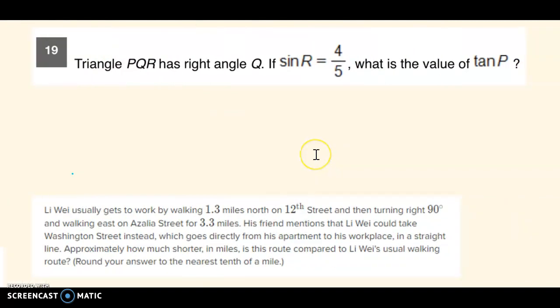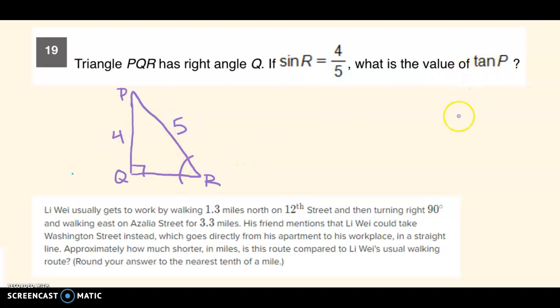Second question. Triangle PQR has a right angle Q. Sounds like a visual is going to be helpful, so I'm going to draw one. With right angle Q, say P is up here, R is down here. If sine of R, so angle R, if sine is 4/5, opposite over hypotenuse, what is the value of the tangent of P?